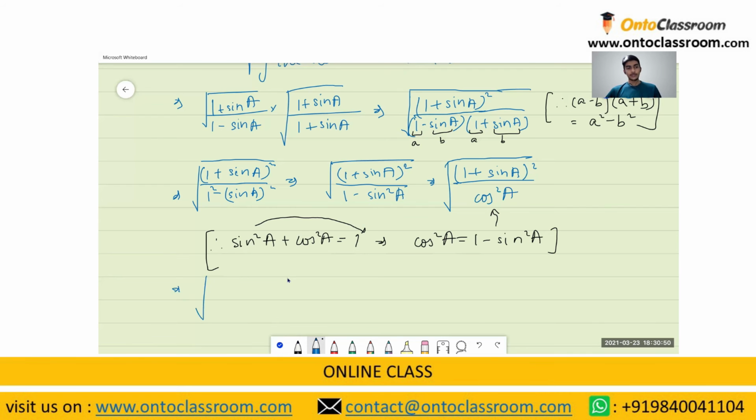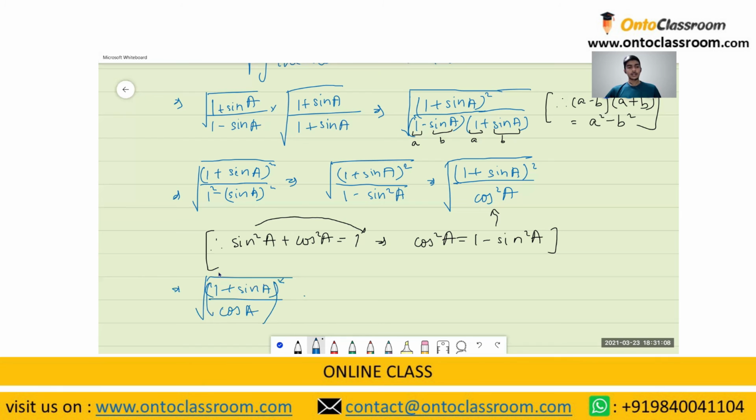So we get under root of 1 plus sin A whole square divided by cos A. We'll take it in the whole bracket because they both have squares.